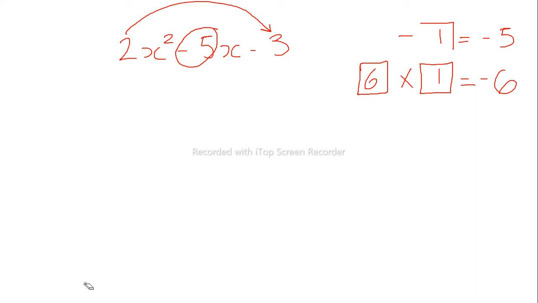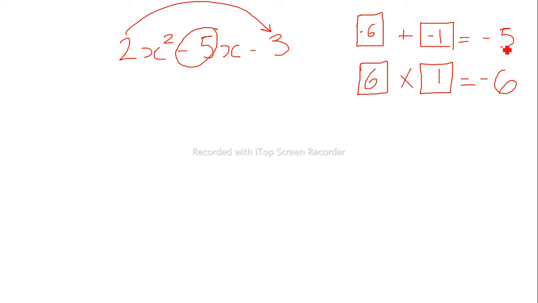So what would it be? Would it be negative 6 minus negative 1? That would be negative 7.